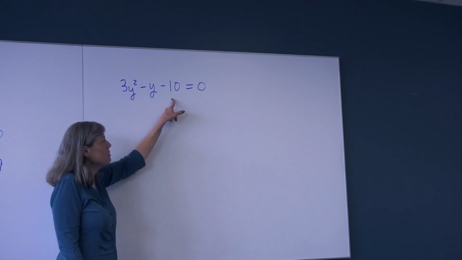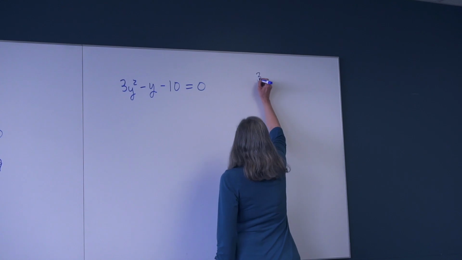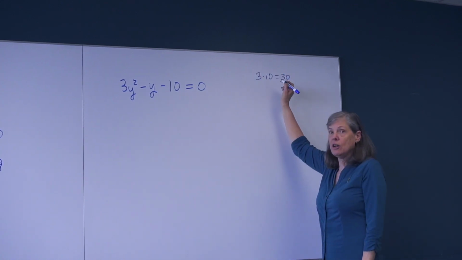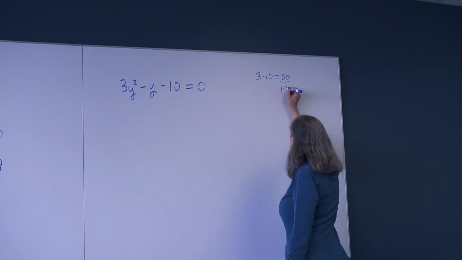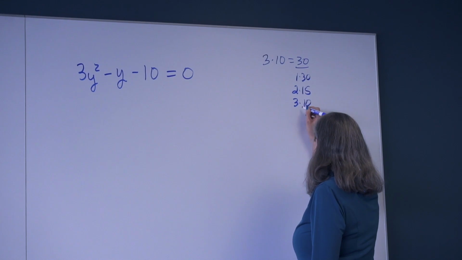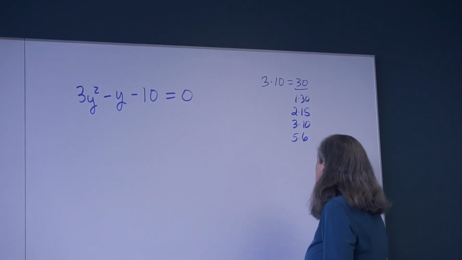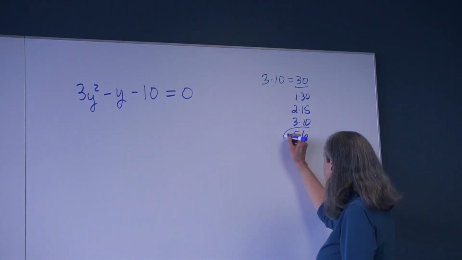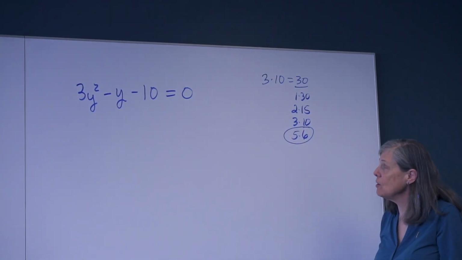So now we take the 3 times the 10, find all our factors of 30, that's all of them. Now I need to find the pair that when I add them together I can get a 1.